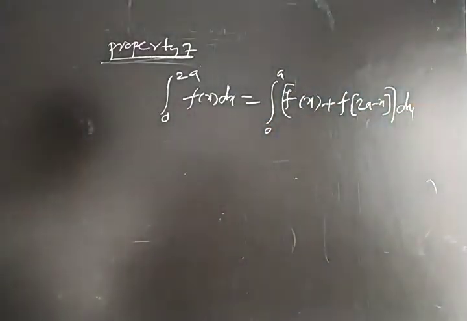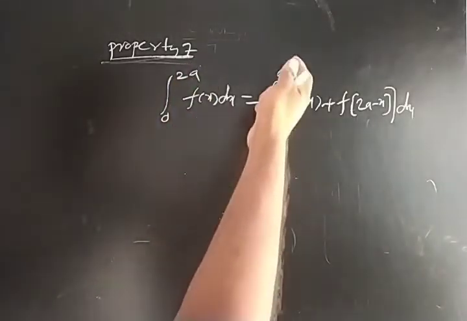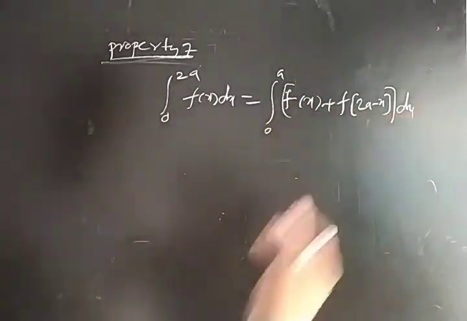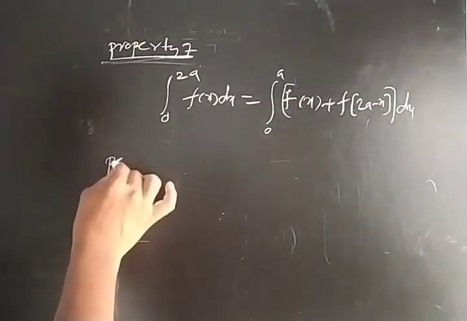Okay, this is property number 7. So if you have 0 to 2a, you can write 0 to a f of x plus f of 2a minus x dx.